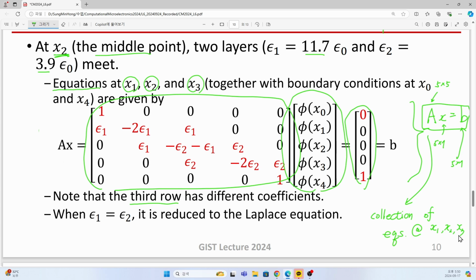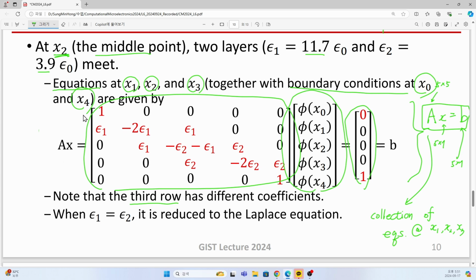Also, these equations were augmented with boundary conditions, which were evaluated at x sub 0 and x sub 4. So simply speaking, although this is written in the form of a matrix vector multiplication, its physical meaning is just a collection of our one-dimensional Poisson equations evaluated at discretized grid points.